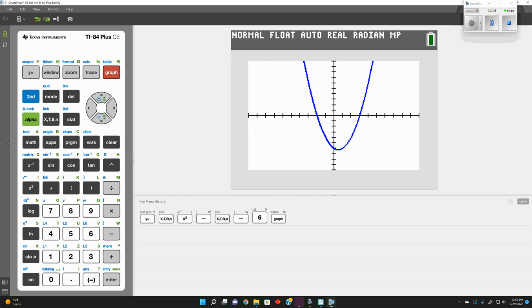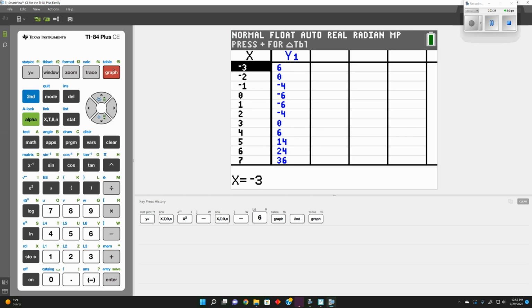But where we can also look is second graph, which will pull up a table. And again, we're looking for the x-intercepts. We're looking for where the y value is 0. And we do have 2 of them. Because at -2, the y value is 0, and at 3, the y value is 0.